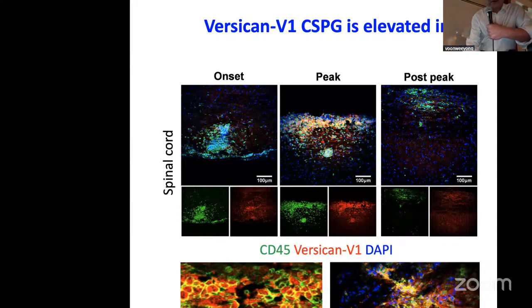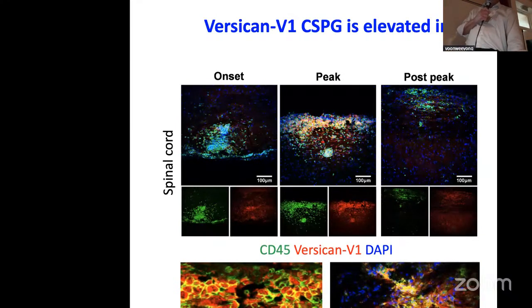Here's a blow up where you have CD45 positive immune cells co-localizing with Versican V1. By in situ hybridization, we have defined that it is myeloid cells, IBA1 positive cells, that elevate Versican V1 transcript.